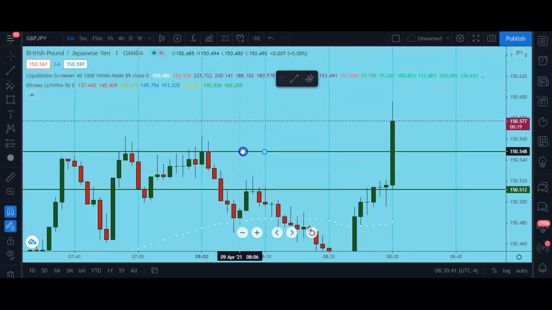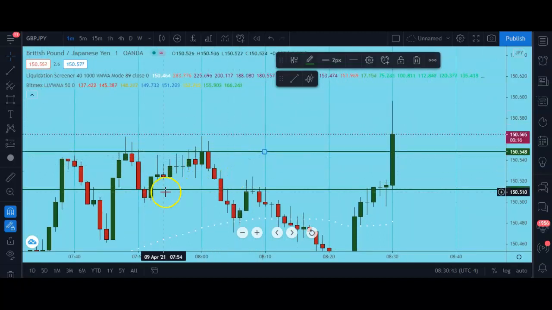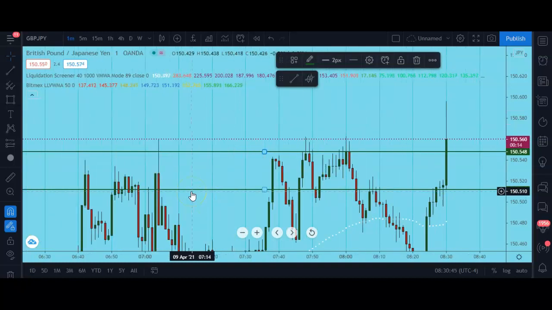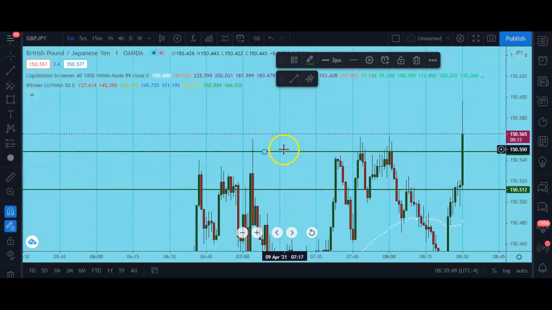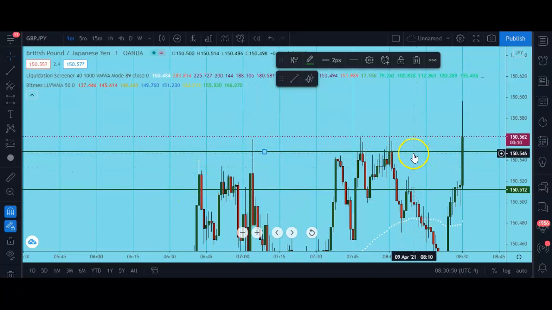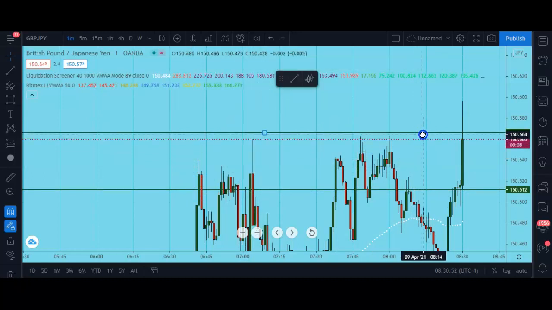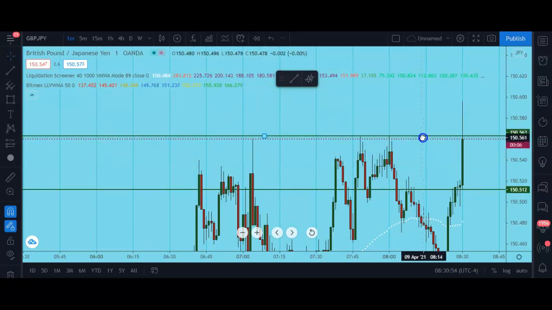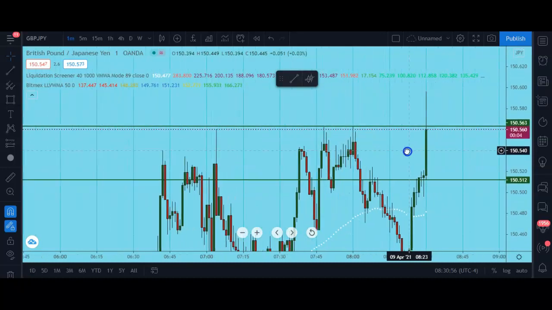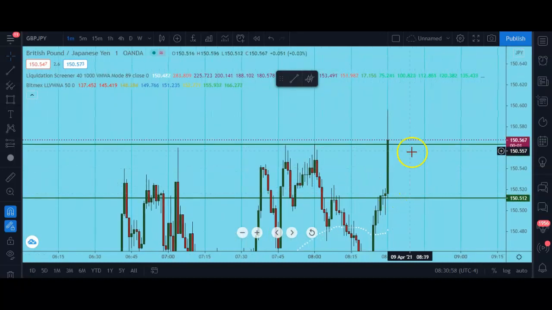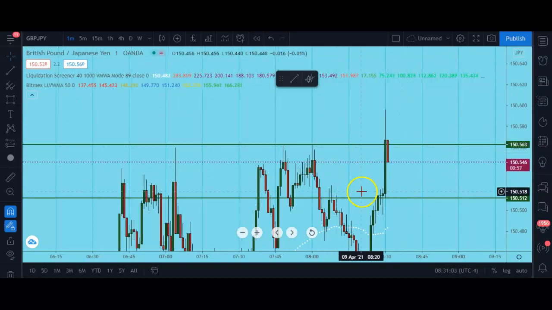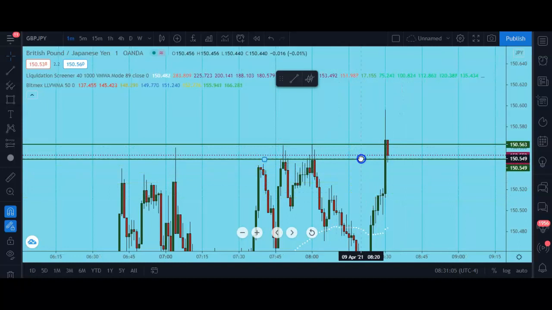Price is above this support and resistance in the moment, and this was the high. The highest high was right here. Looking for price to, and it closed above it, so I'm predicting that price is going to remain above here.